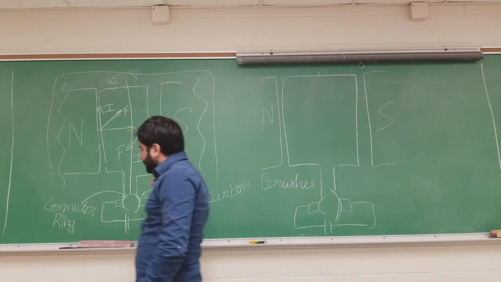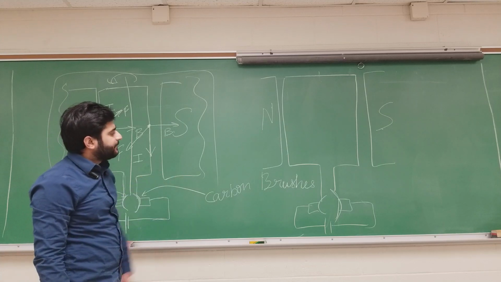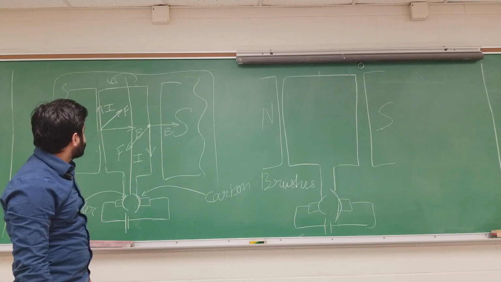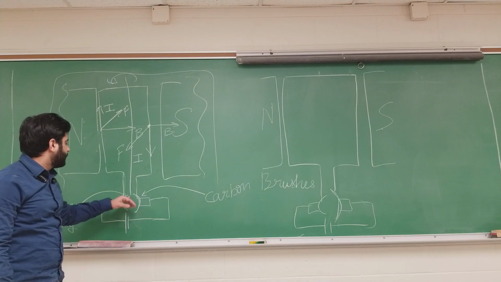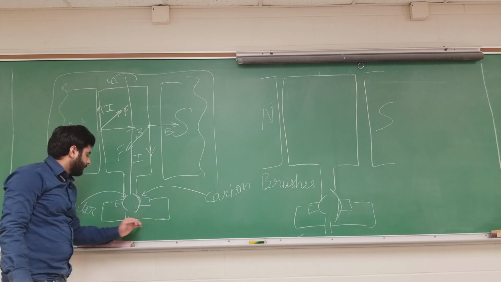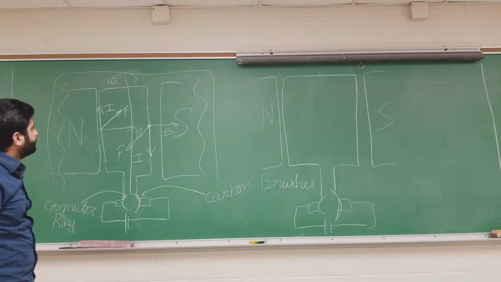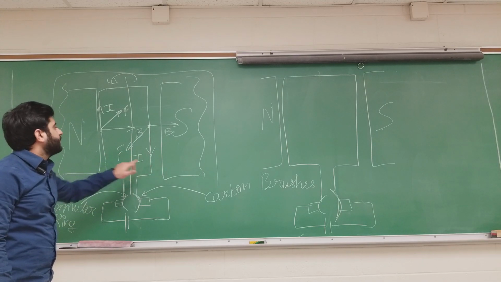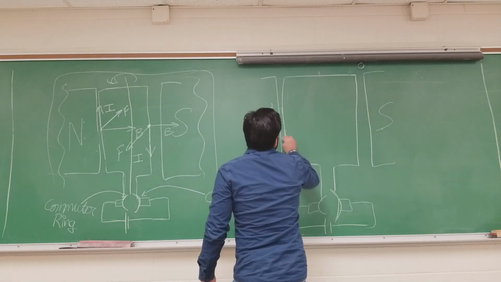Since you had a current going through this arm and it flows back here, now this has twisted, so I is pointing down, so we will have an I like this.